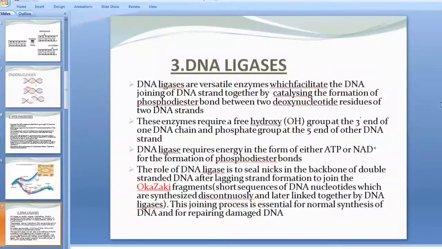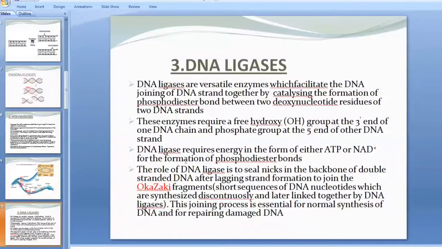Not only that, if you want to have gene cloning, it not only needs the DNA cutting but also to join the two fragments which are cut or restricted. So DNA ligases play a very important role in joining the two fragments which are cut by the restriction enzymes.